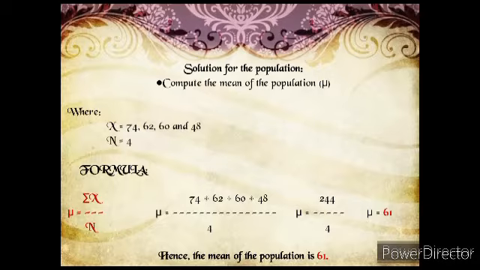Formula: mean is equal to the sum of all x divided by the population size. Mean is equal to 74 plus 62 plus 60 plus 48 divided by 4. Mean is equal to 244 divided by 4. Mean is equal to 61. Hence, the mean of the population is 61.